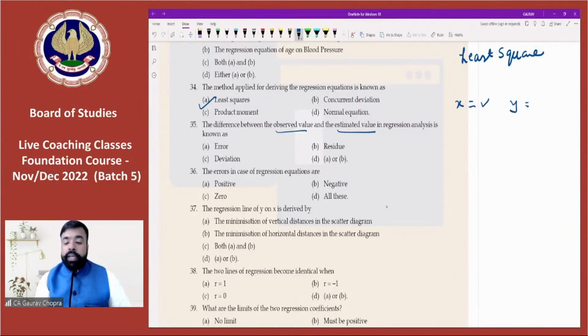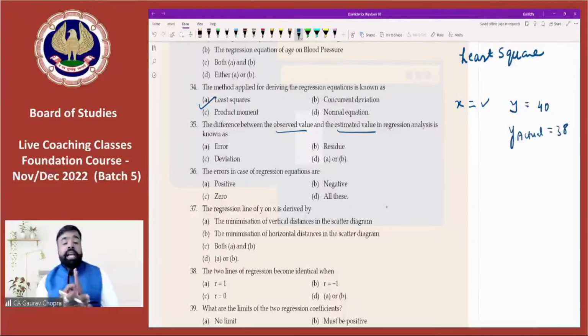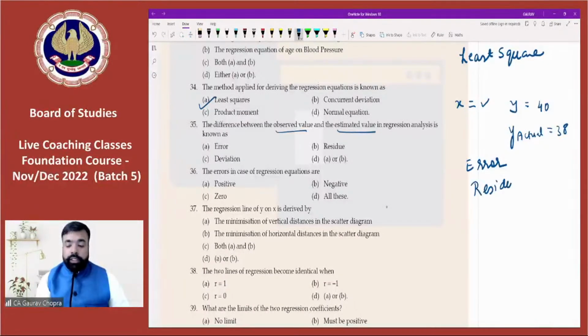Let's say we estimated the value as 40, but in reality the actual value was 38. That means there can be differences. Whatever we estimate and whatever is the actual figure, there can be a difference. So this difference can be denoted as error or residue. This difference is known as error or residue.